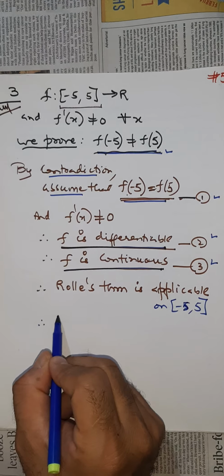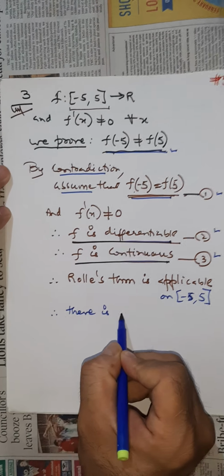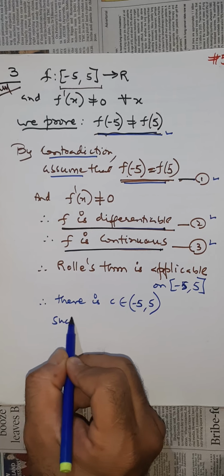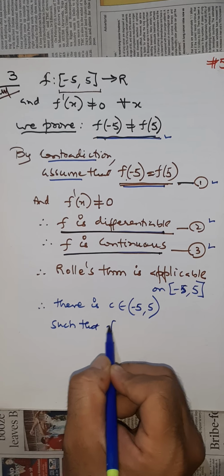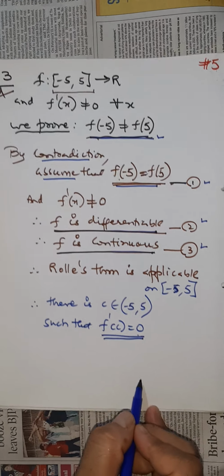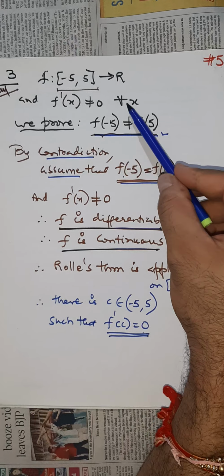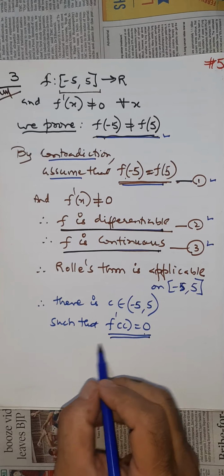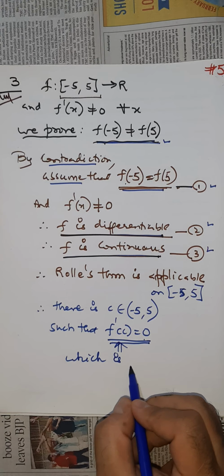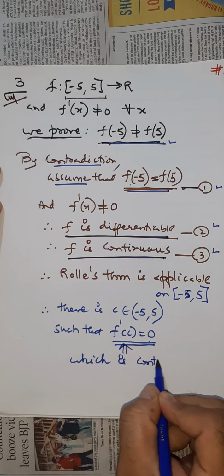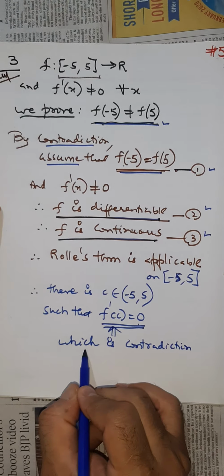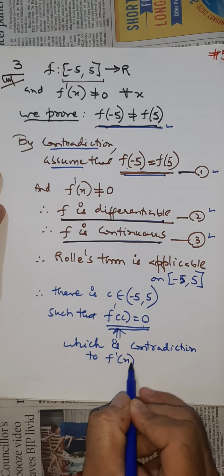And therefore there is c from minus 5 to 5 such that f dash c is 0. Now, which is a contradiction? You are saying that f dash x is always non-zero for every x in the domain. So which is a contradiction to f dash x being non-zero.